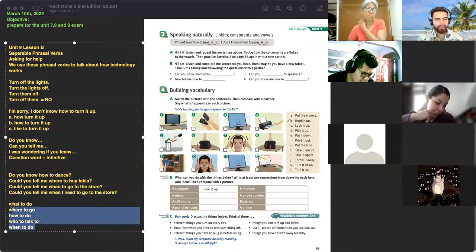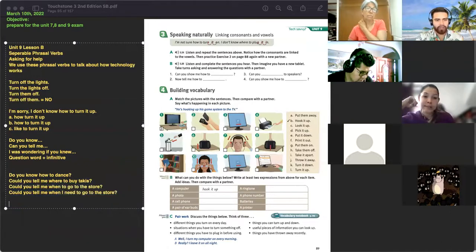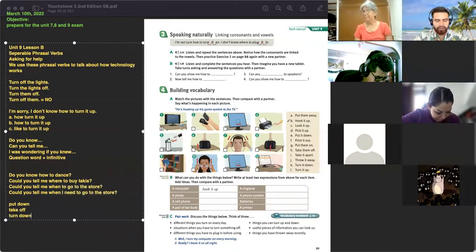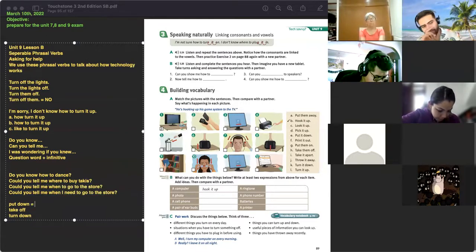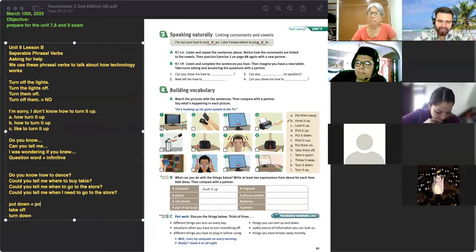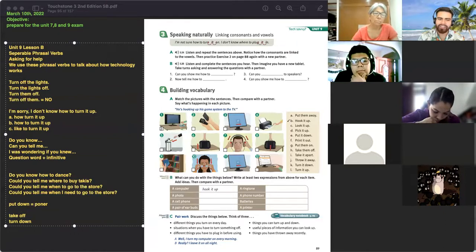You need to know the difference between these phrasal verbs. Put down, take off, and turn down. What is put down? Poner. Give me an example. I put down my bag on the table.